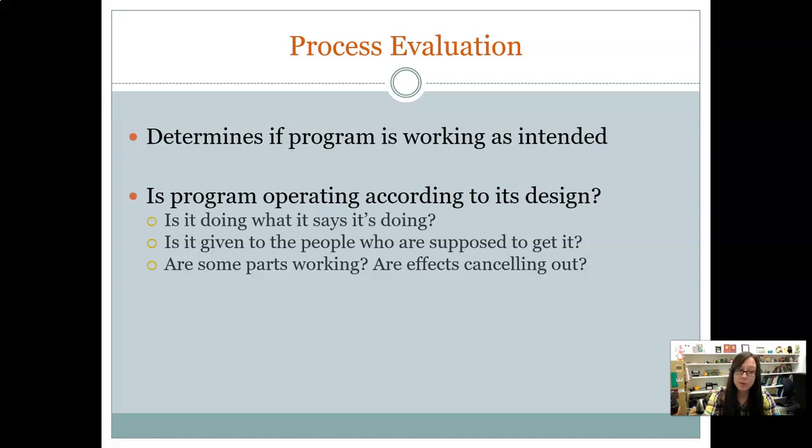Maybe some parts are working, and maybe it doesn't look like it's necessarily working, but effects are actually canceling each other out. This is where you can help figure out if portions of the program are working while other portions are not. So for example, you may have released offenders in halfway houses. They have less economic needs. They're under better surveillance, so that's great. But they're also less likely or less able to work.